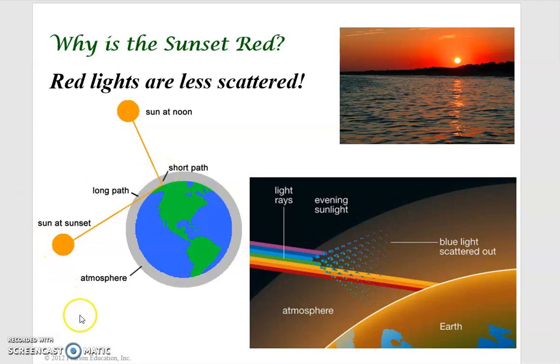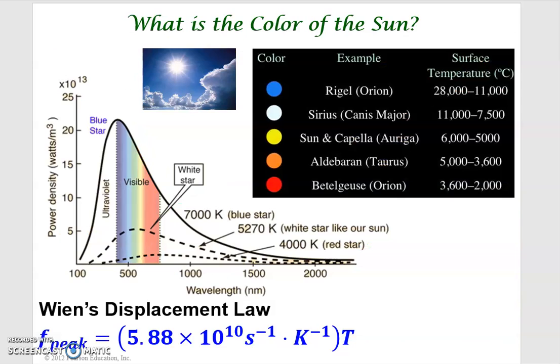However, during the sunset, you will find the light from the sun passes through a much longer path to reach the surface. The longer the path, the higher the chance the blue light will be scattered out. So that's the reason the color of the sun looks different depending on the time of day. And during the sunset, it is because of this.